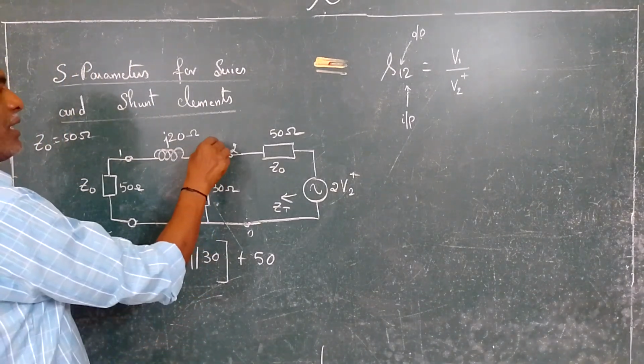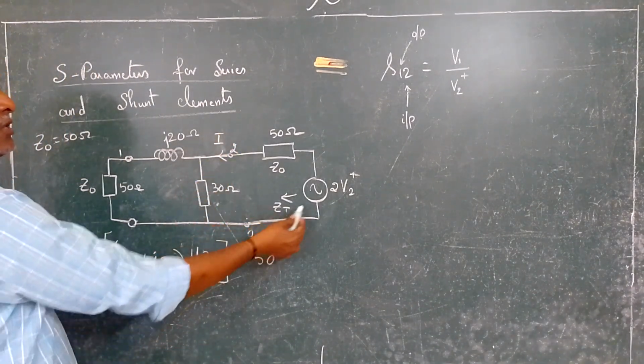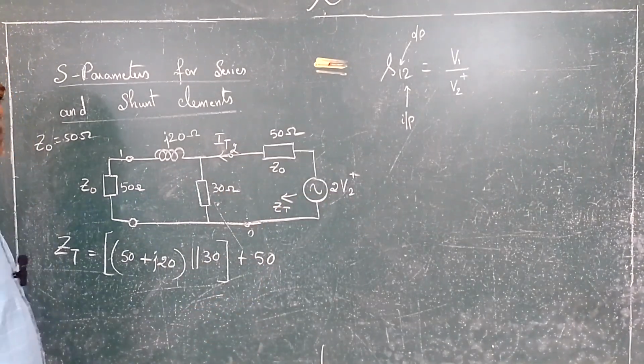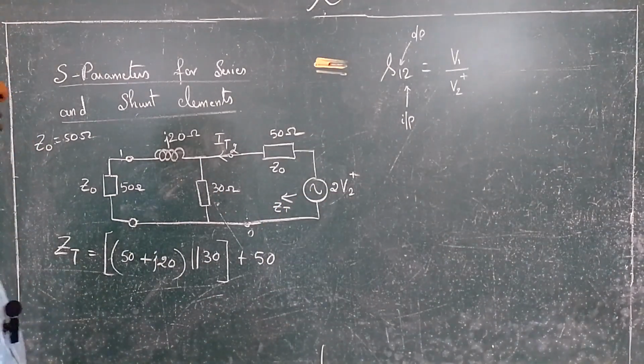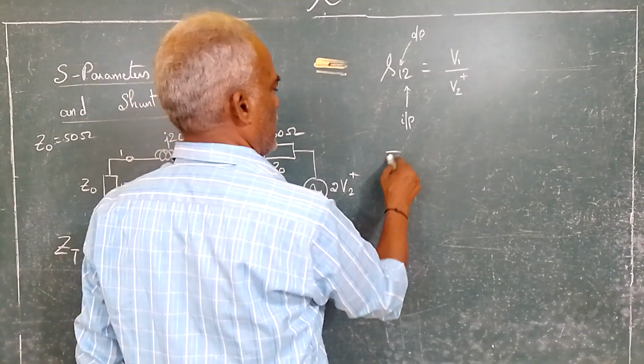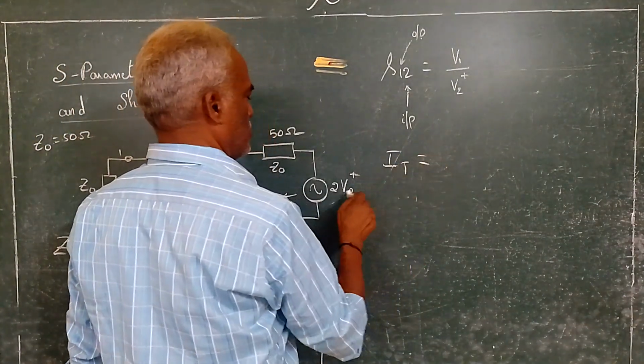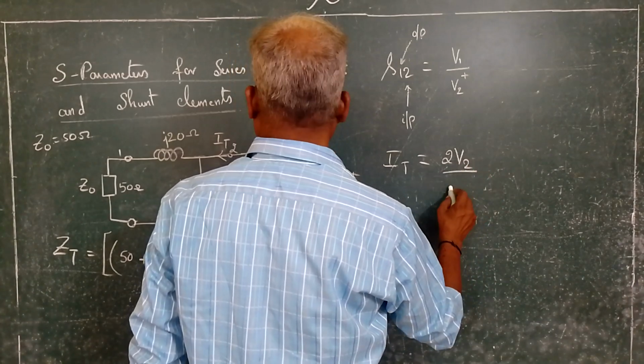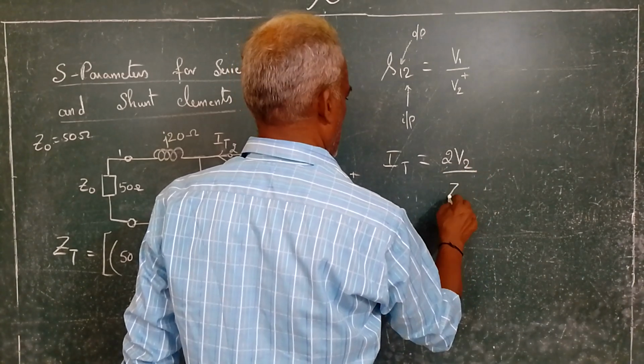Now we have to find I, that is the total current given by this source. So total current IT is equal to 2V2 plus divided by Zt.